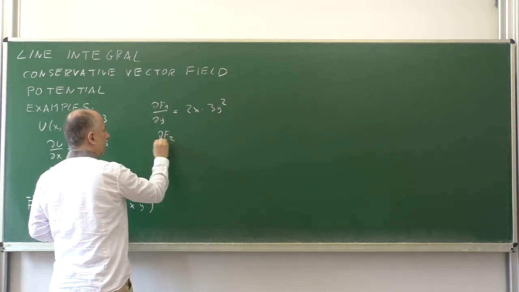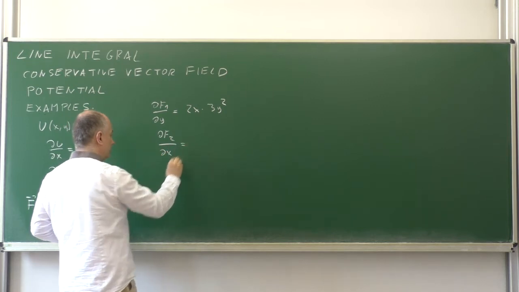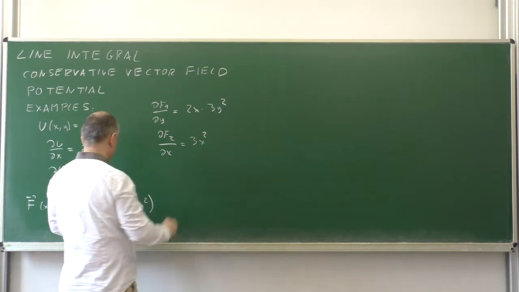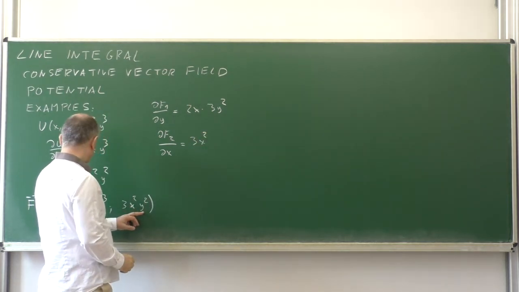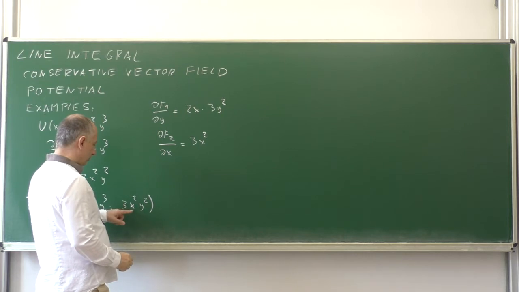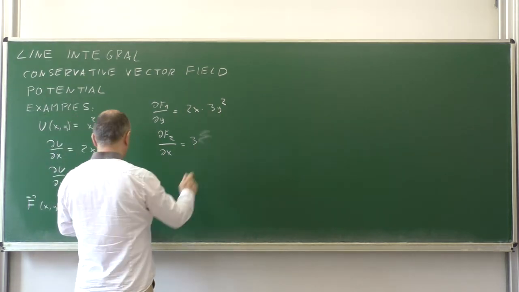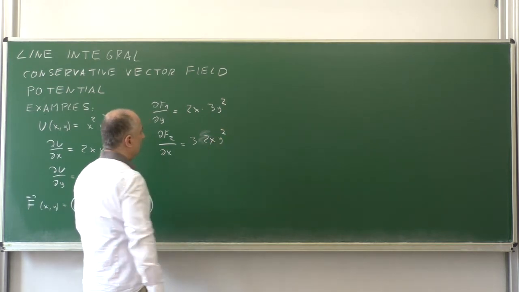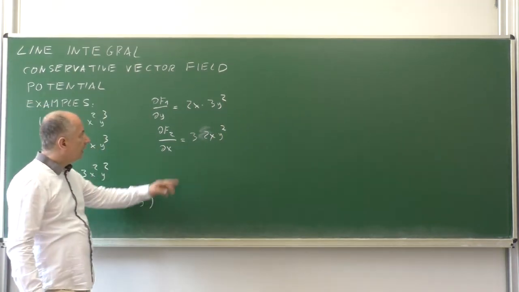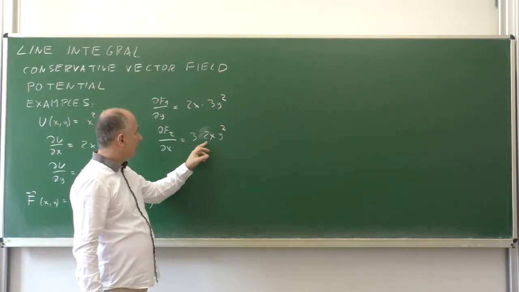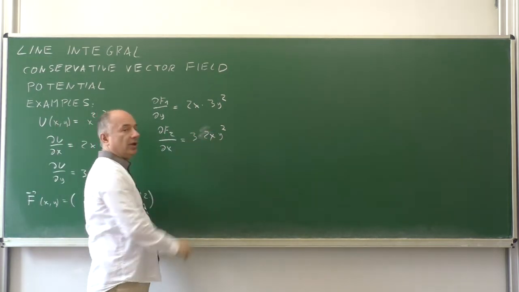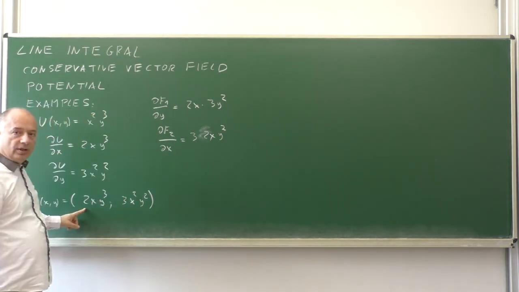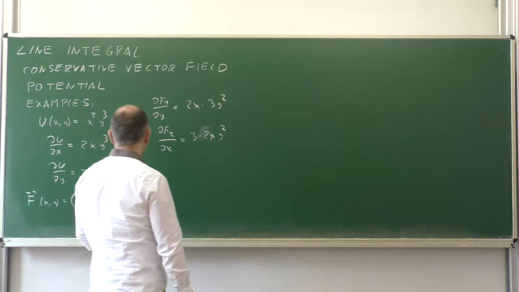And when we differentiate the second component with respect to the first variable, 3 is constant, the derivative of x squared is 2x, and y squared is constant. And this is 6xy squared, the same. So this is an example of a conservative vector field, and this is its potential.